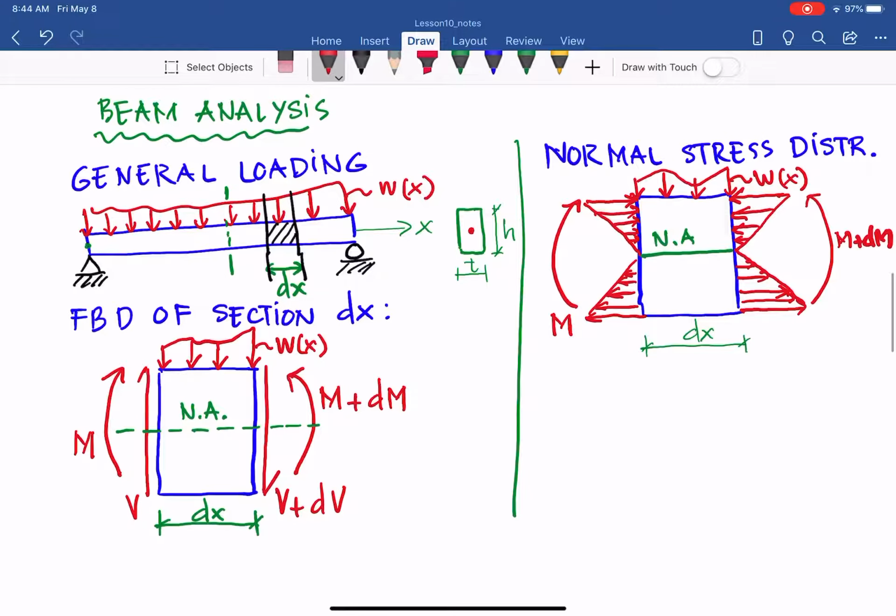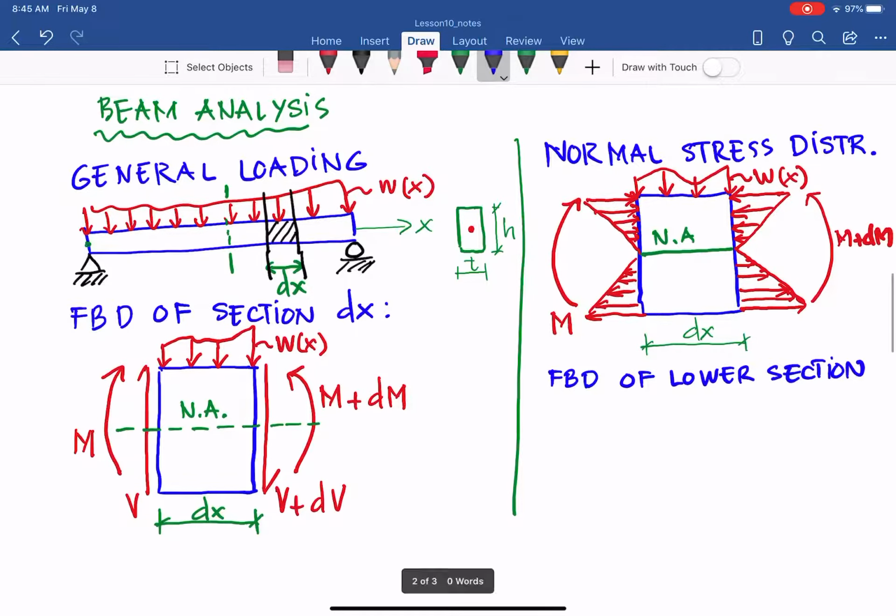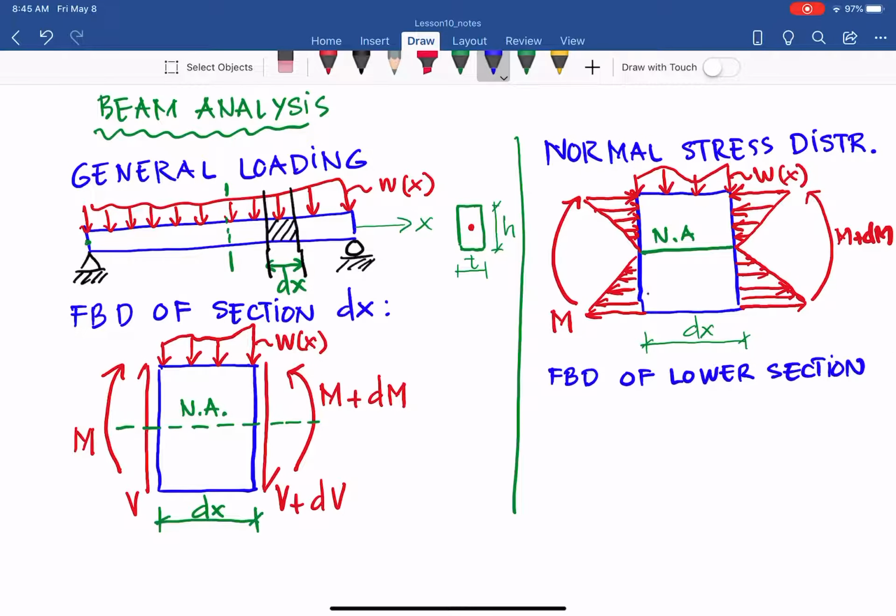And from that, how can we have the free body diagram for the lower section? And that is, we draw the free body diagram of the lower section. What is the lower section that I want to look at here? So let's cut this member out here, and I consider this portion the lower section.